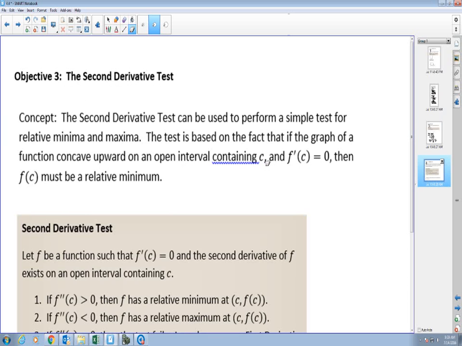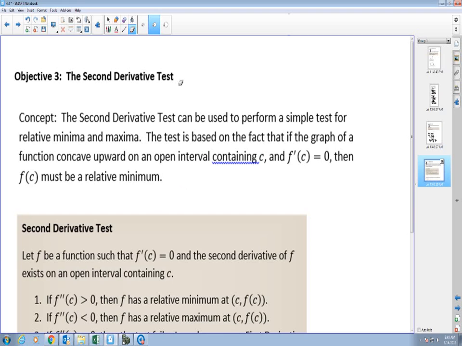It turns out the second derivative test can actually be a simple test for the relative minimum and maximum. It actually tells us whether those are the relative minimum or maximum. The test is based on the fact that if the graph of a function is concave up on an open interval containing c and f prime of c equals 0, then f of c got to be a relative minimum.